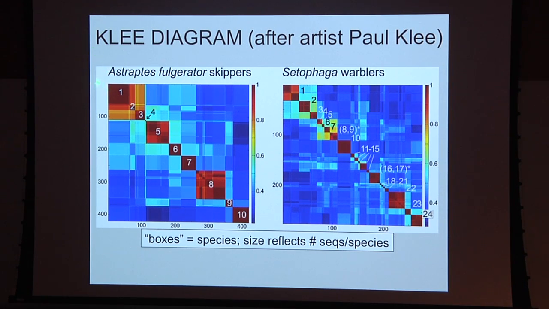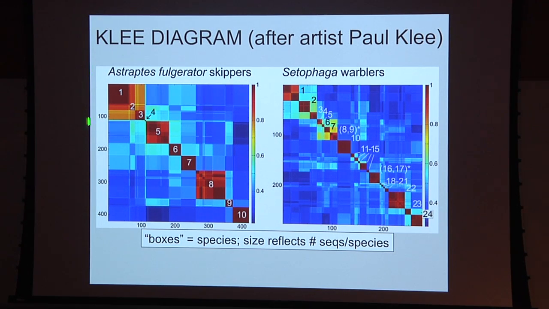This is a matrix comparing 400 nucleotide sequences to themselves. It's a little bit like one of those old charts where you wanted to find the distance between Boston and New York. You read across and down, and you can find out how far apart things are.